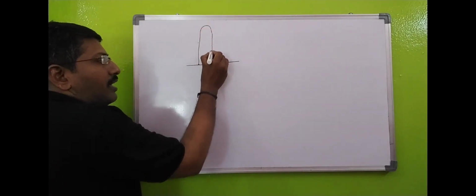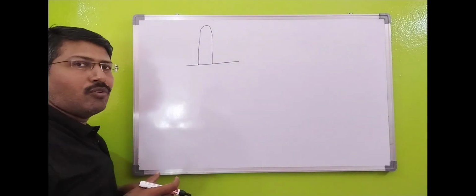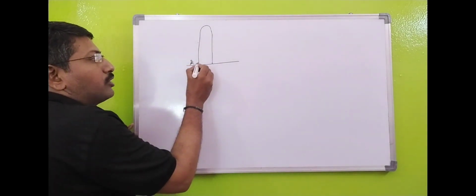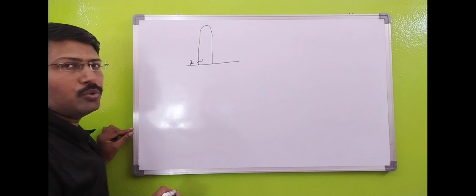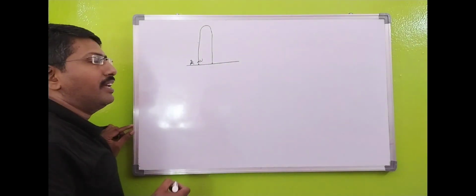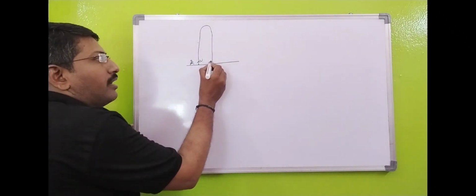Now they are asking how to draw the graph. A ball is projected with initial velocity u. It moves under the influence of gravity. Finally, it reaches the same point. Now they are asking, what is the nature of the graph?